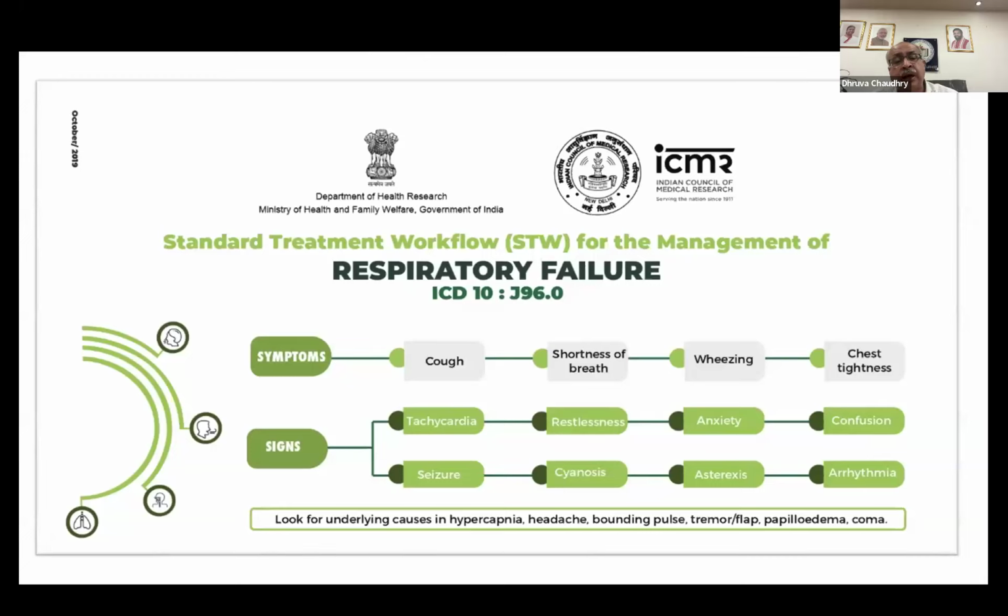Therefore, the symptom complex becomes important, and this is just a summation of what has been discussed by Professor Khilnani, Dr. Ashutosh, and Professor Jindal as well.